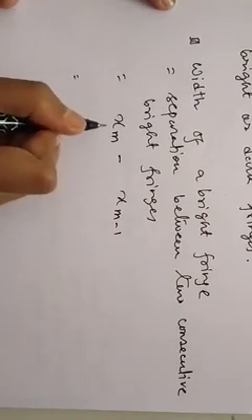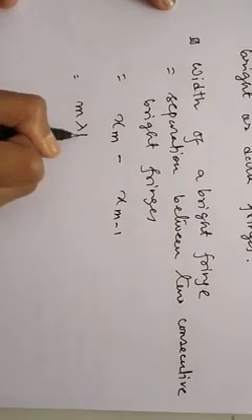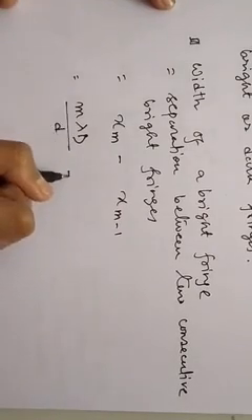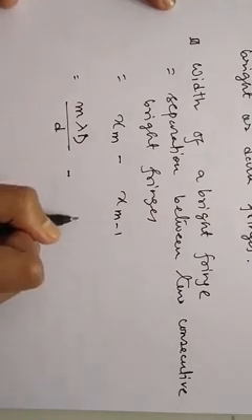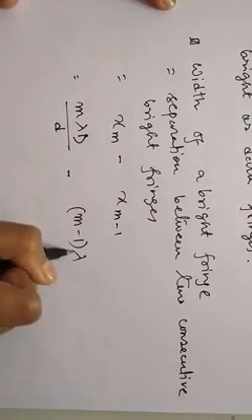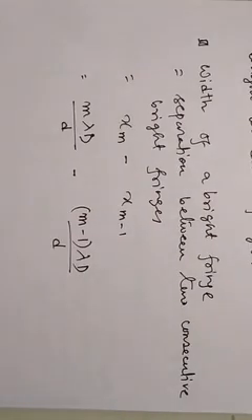So what is the position of the mth bright fringe? It is m lambda D by d minus (m minus 1) lambda D by d. So it will be lambda D by d.